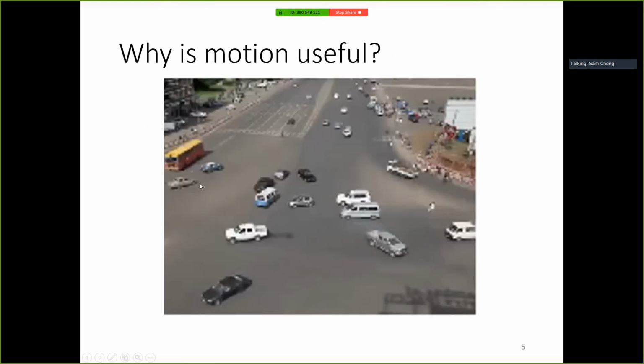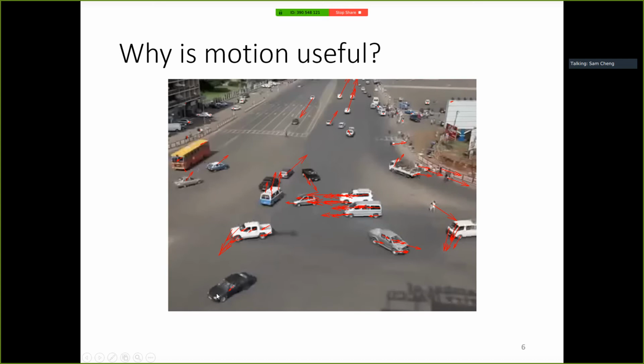For example, say you have a video stream that captures this scene here, as the cars are slowly moving. It's not slowly, but it moved from the first frame to the next frame. Then you just look at how each pixel is supposed to move.